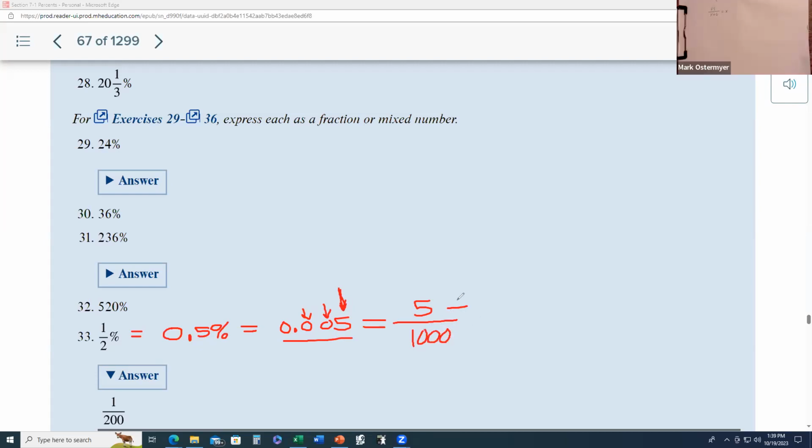Now we can reduce this down by 5 and bring it down to what equivalent fraction? 1/200? There you go. So 0.5% as an ordinary fraction ultimately is 1/200, or as an ordinary decimal is just 0.005.